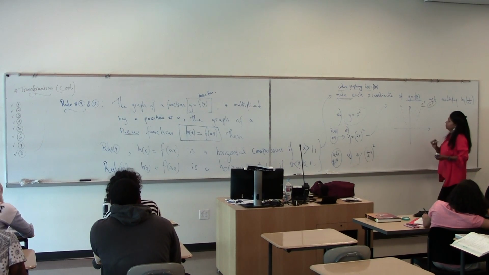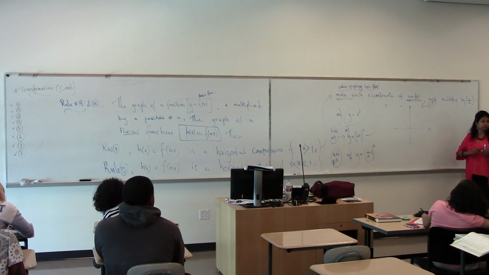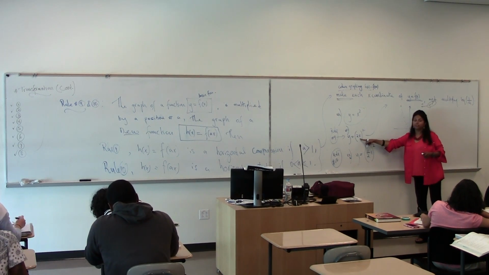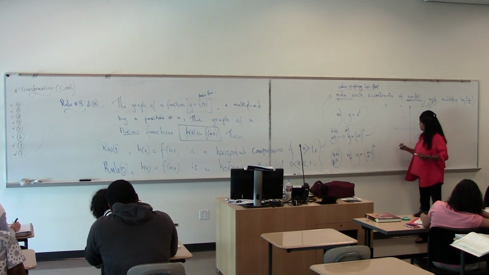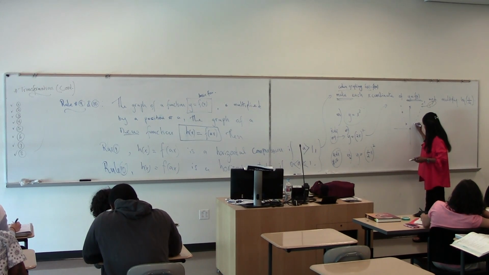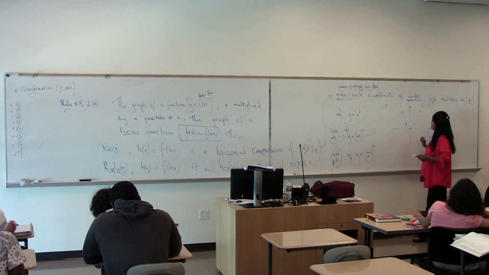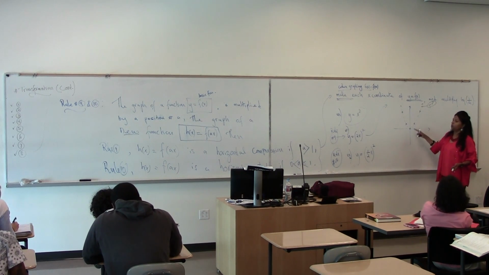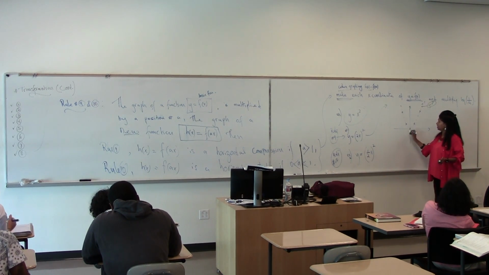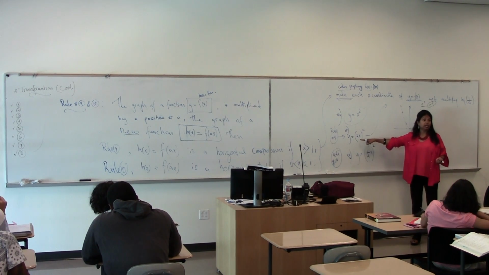This is not the one we are supposed to graph, but we need to show that. Now we are going to do 2x squared. So what do you need to do to these points? According to the rule, it says take the x coordinate of each point and multiply by 1 over a.